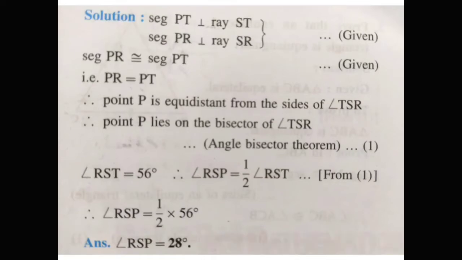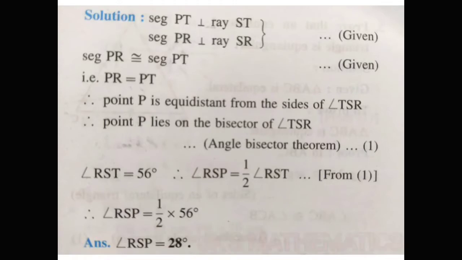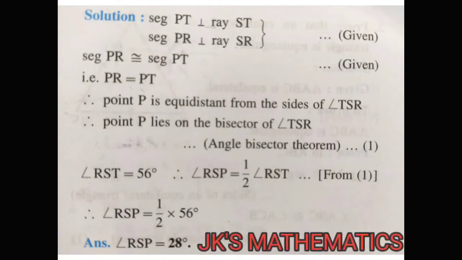This means that point P is equidistant from the sides of angle TSR. Means that point P lies on the bisector of angle TSR according to the angle bisector theorem.